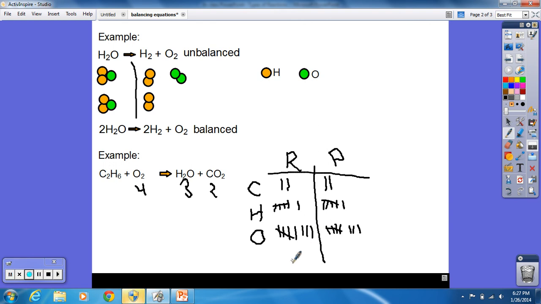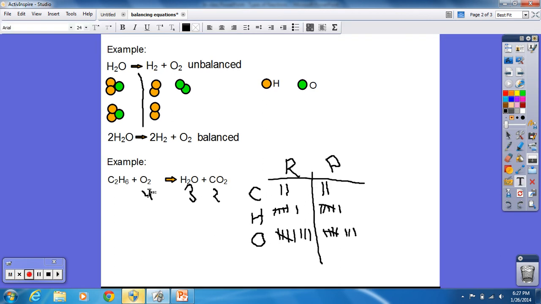That gives me 8 oxygens, 8 oxygens, 6 hydrogens, 6 hydrogens, 2 carbons, 2 carbons. So I don't need a 1 here, but I would squeeze a 4 in here. Let's do this neatly. We'll text box it in. Here a 4 would go there, here a 3 would go there, and here a 2 would go there.